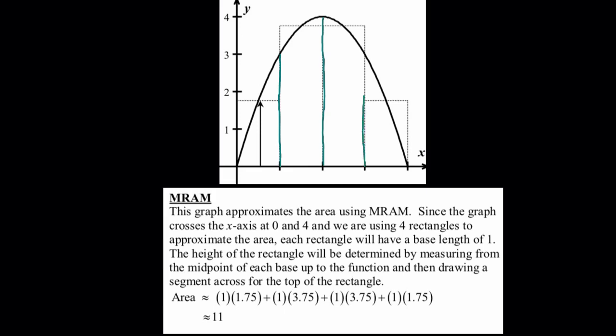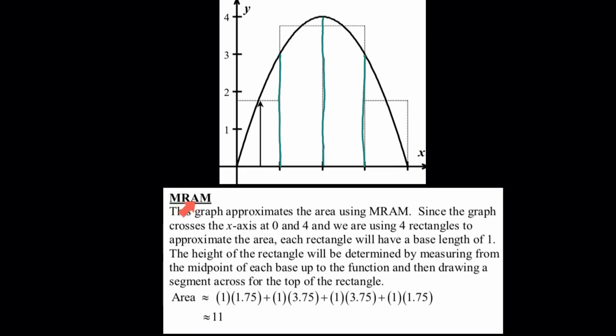At 3, come straight up. And then at 4, you would come straight up until you get to the curve, but the curve hits there. So what this does is it divides this shape into 4 rectangles. One here, one here, one here, and one here.